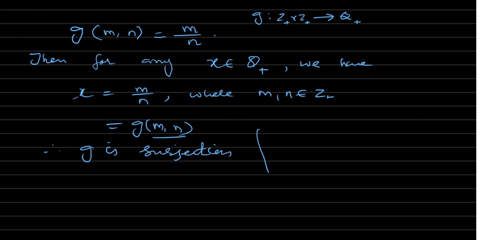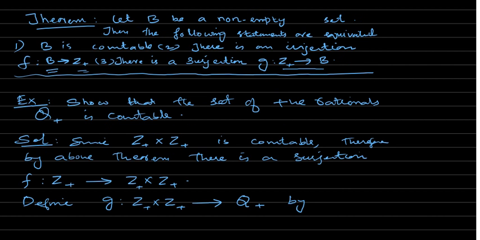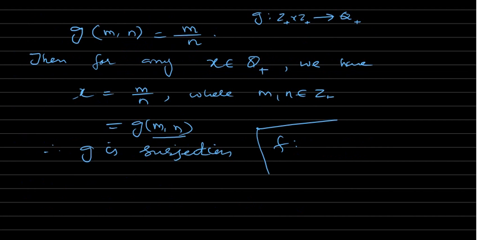तो आपके पास दो surjections हैं. One is f, which is from where to where? It's from Z plus to Z plus cross Z plus, and the second is g, which is from Z plus cross Z plus to Q plus.